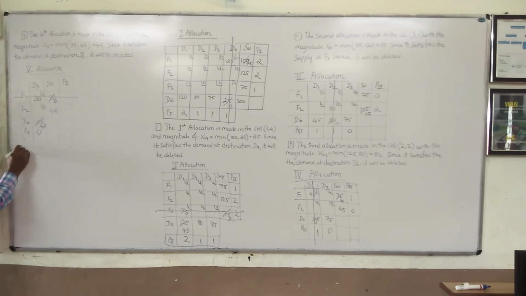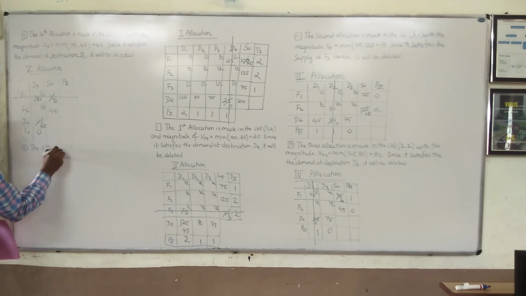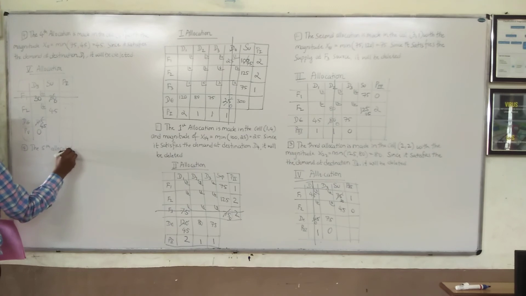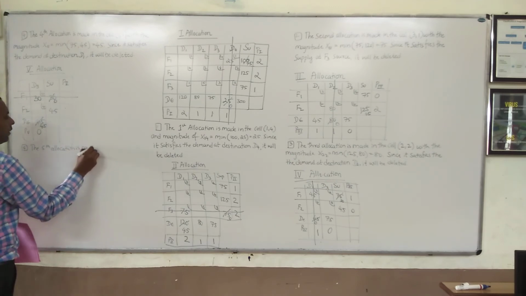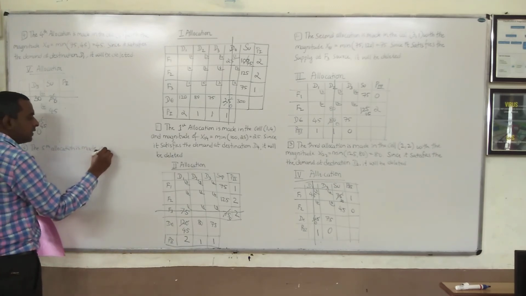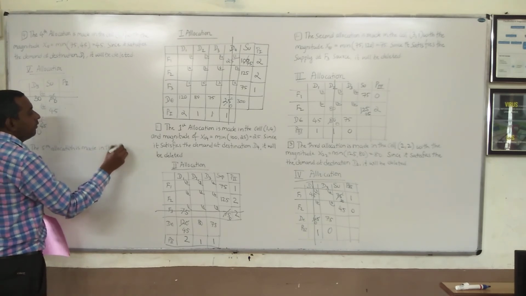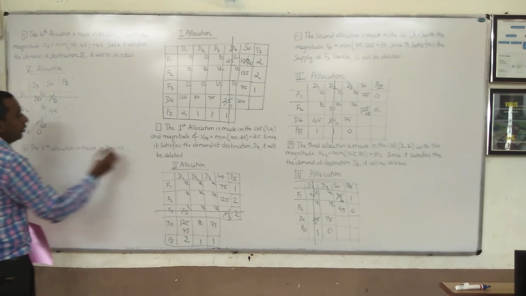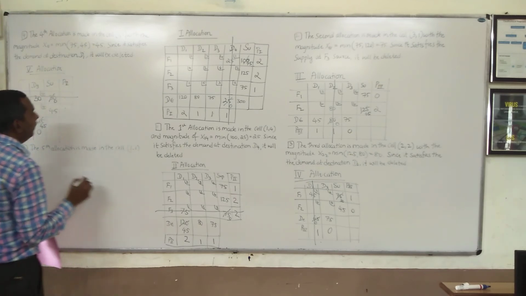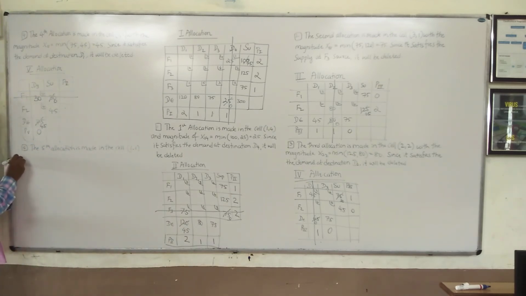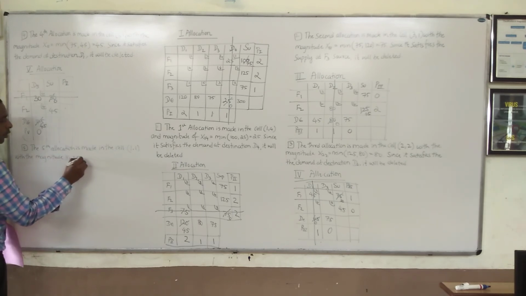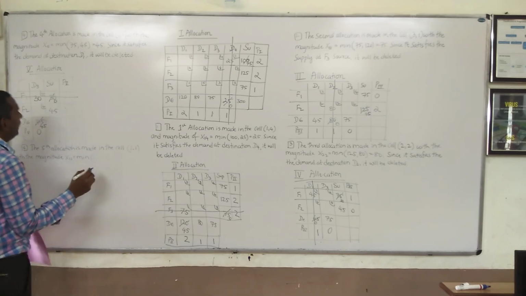So it is fifth. The fifth allocation is made in the cell. What is the cell number here? It is again 1 comma 1 with the magnitude x11 is equal to minimum of what it is?